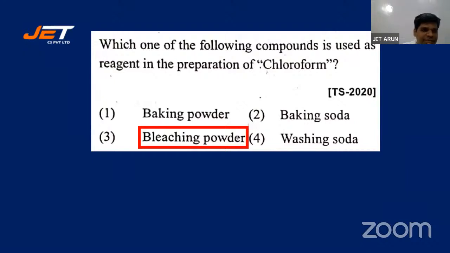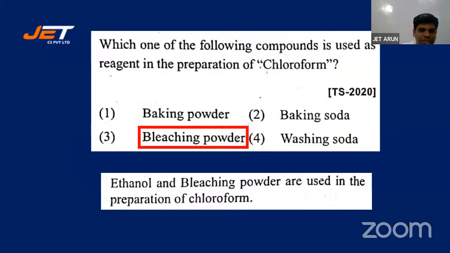Geeta, you're right. Chetan, check again. Okay, note this point, Chetan. That's okay if you're wrong, but 3 is the answer. Ethanol and bleaching powder are used in the preparation of chloroform. Remember this as well. He can also ask you what is used. Options can also give ethanol. So ethanol is also used in preparation of chloroform.